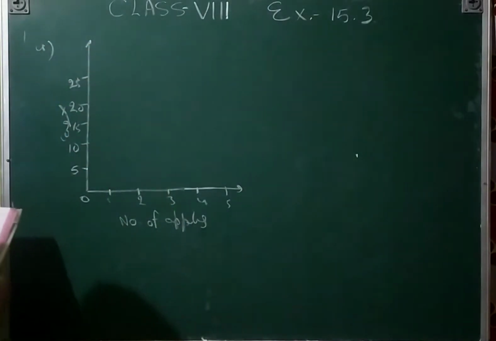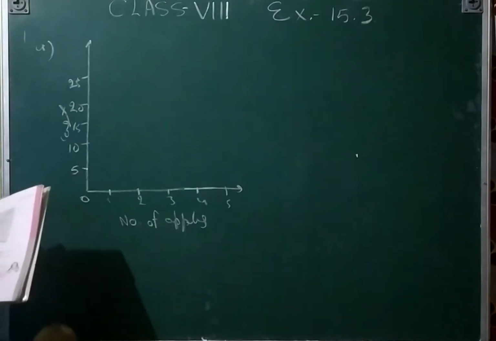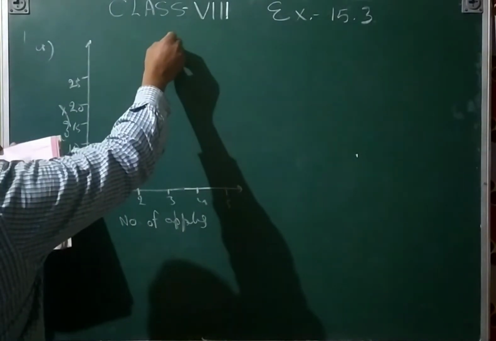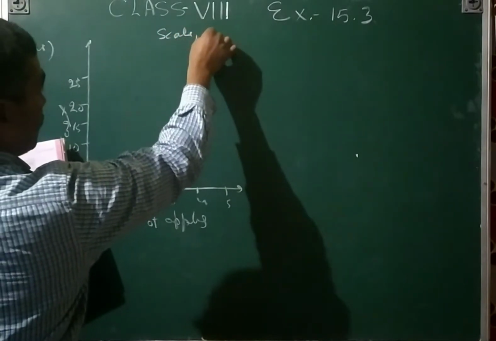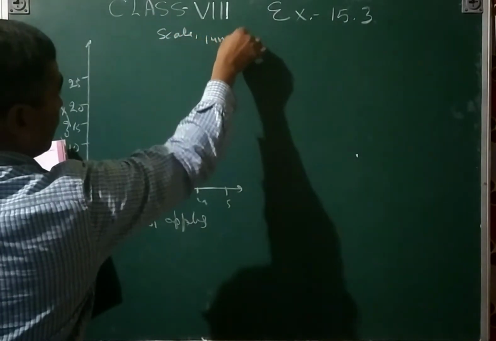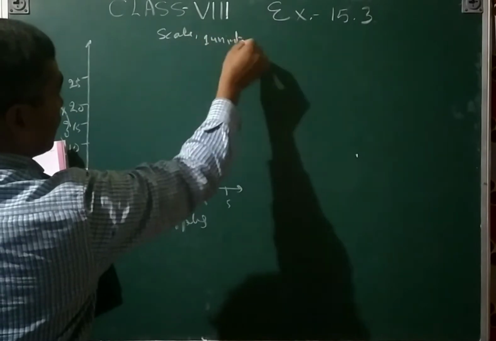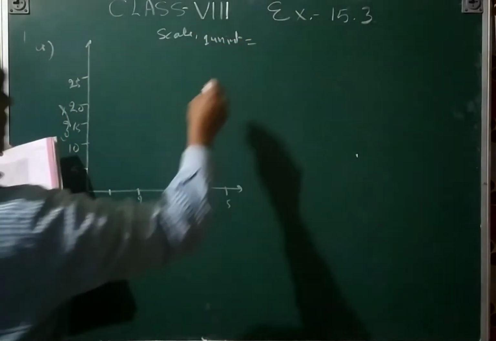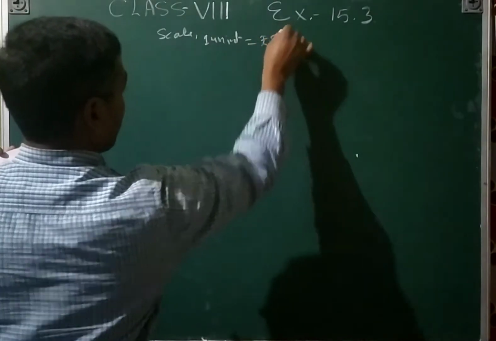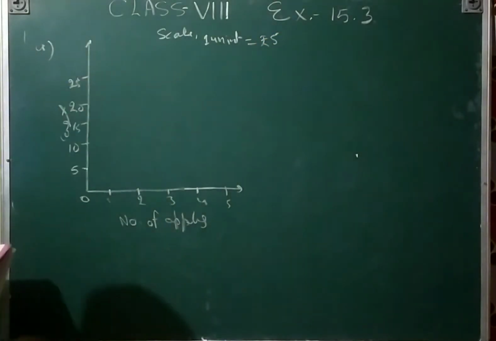And then here we will write the scale. That is, 1 unit is equal to 5 rupees, because we have written the table of 5.